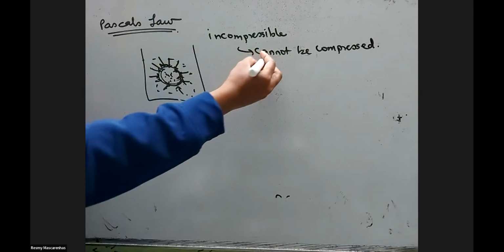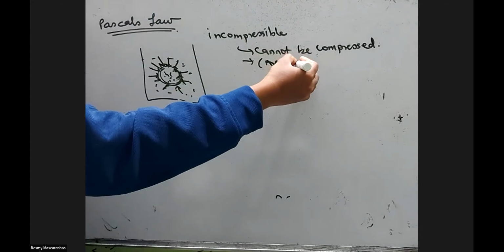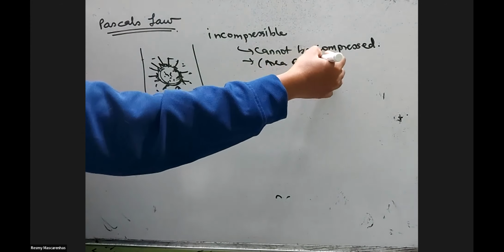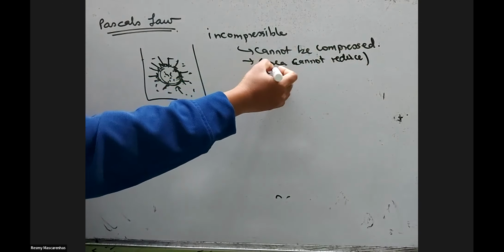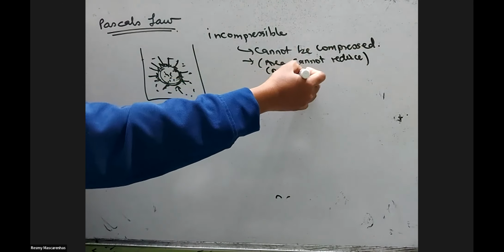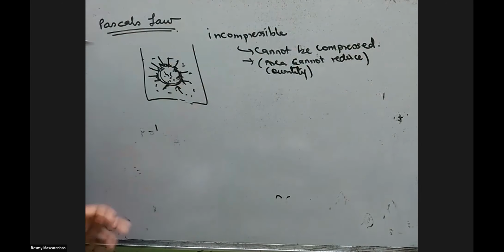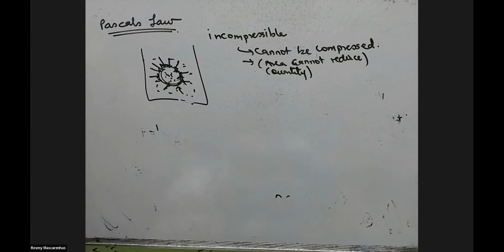Compressed means the volume cannot reduce, or the quantity will not get reduced if you are trying to pressurize it. No matter how much you try to compress, it will not get compressed.